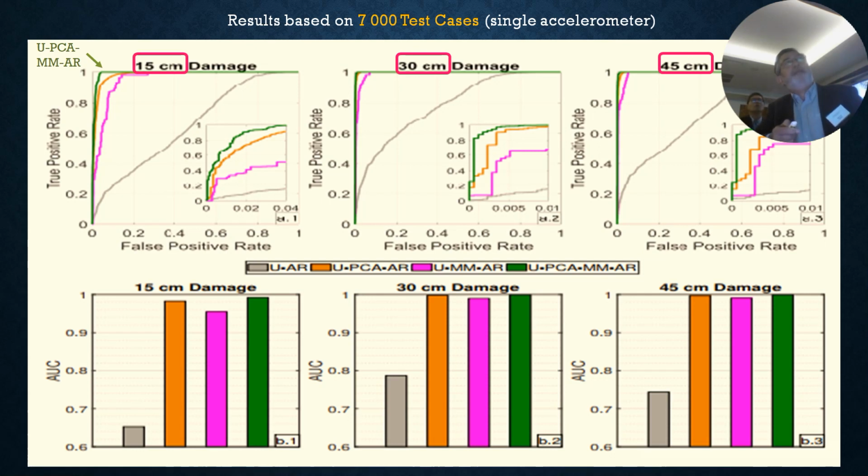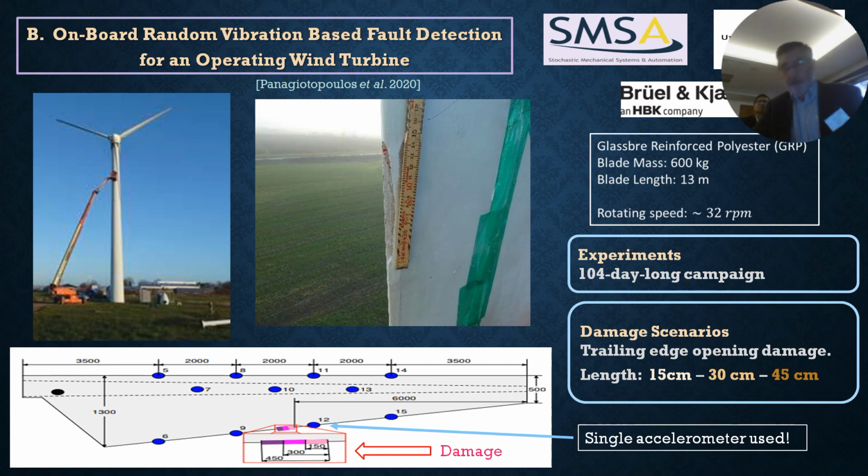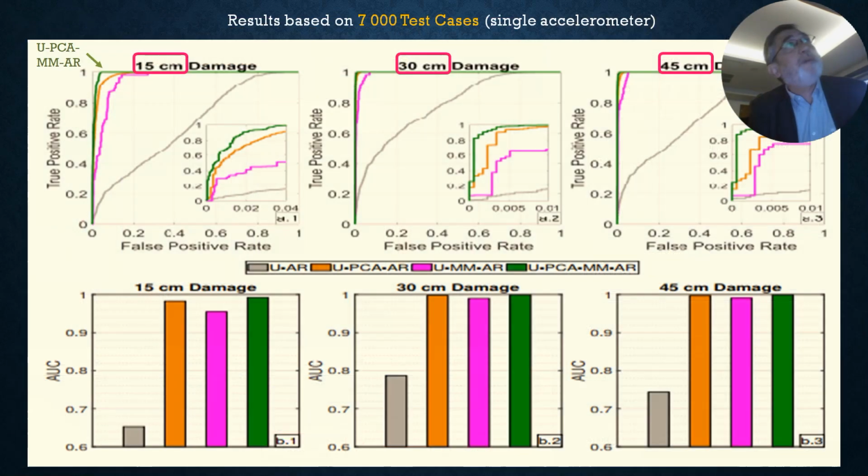If you go to 30 centimeter, this becomes ideal by the green method, and if you go to 45 centimeter, of course, the same. So it is quite impressive that this could be achieved by some of the methods. But of course, you also see the different performance by different methods, okay? So the performance is not exactly identical.